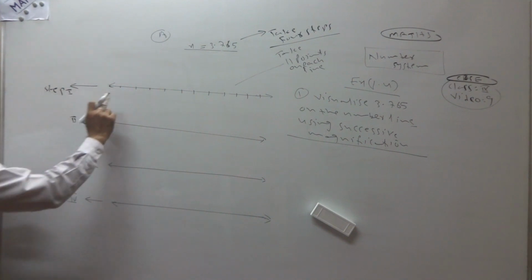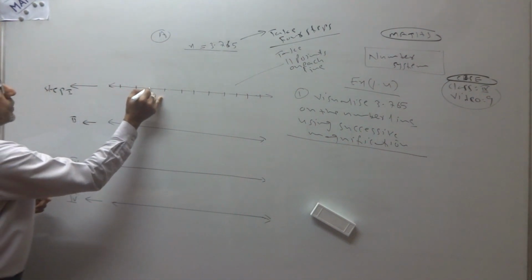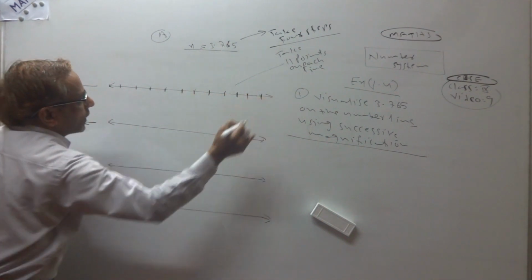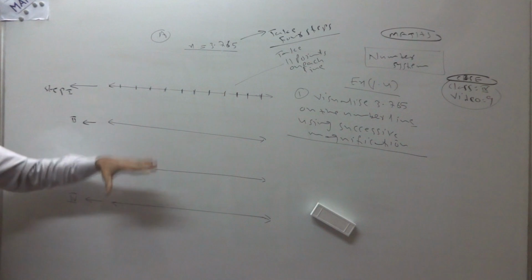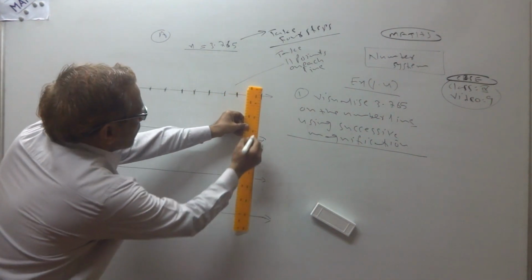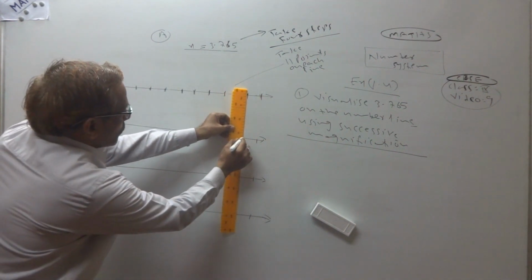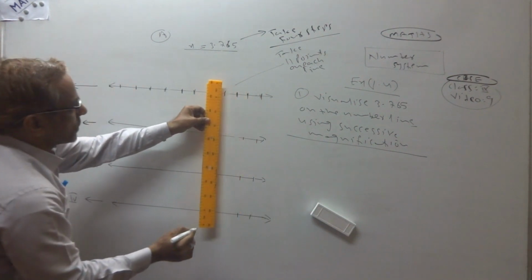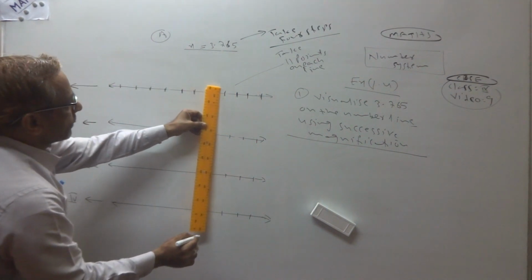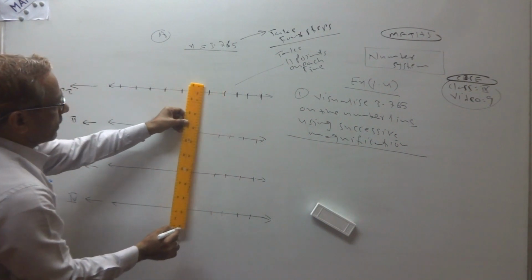How many points have you taken here? 11 points: 1, 2, 3, 4, 5, 6, 7, 8, 9, 10, 11. Now to mark on the other lines, use this way. It will not take time; you can make the marking fast.